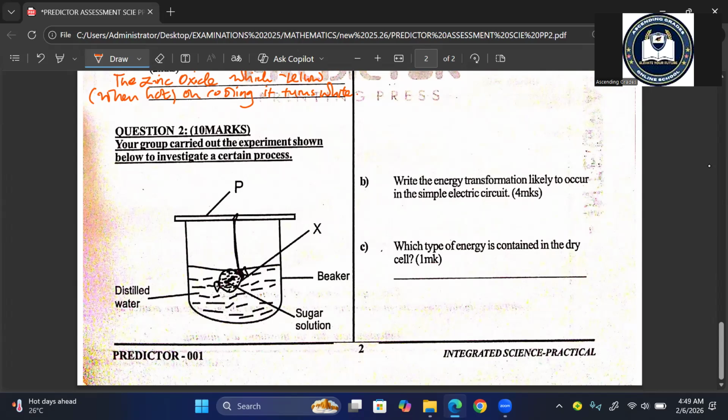We have P and we have a beaker. So if you look at this one clearly, you can say that X is Visking tubing.